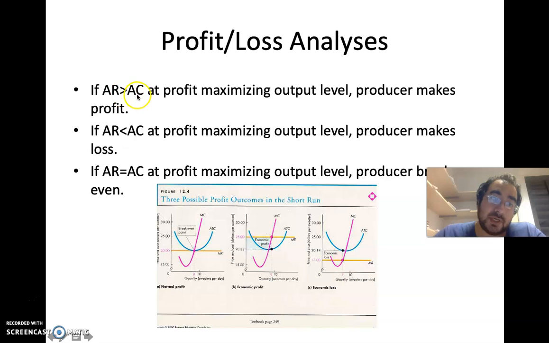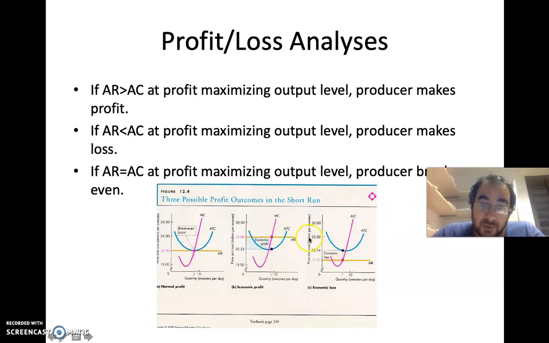Well, first, if average revenue is higher than average cost at the profit maximizing output, the producer will make profit. So, if at the profit maximizing point the average revenue curve is above the average cost curve, in that case average revenue is higher than average cost, and the company will make profit.